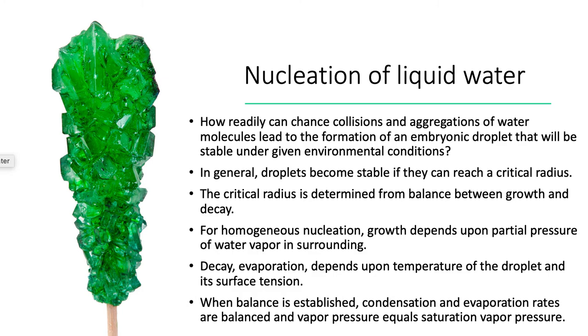Okay, so what happens is that when you have enough water vapor molecules in your atmosphere and you reach the conditions of saturation, as we said, it's not immediate that these molecules would stick together and form a droplet. Because on the one hand, you have the mutual attraction between these molecules and the fact that you are at saturation.